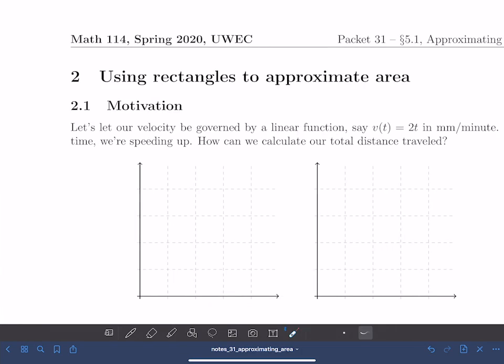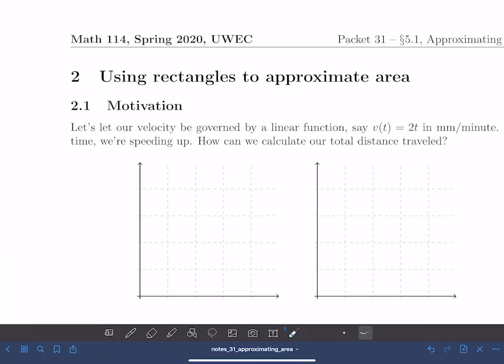Okay, so what we're going to do in this section is we're going to use rectangles to approximate area. There are other integration schemes that don't use rectangles, but use trapezoids or a variety of other integration schemes, as well as varying the width of those things to approximate area.